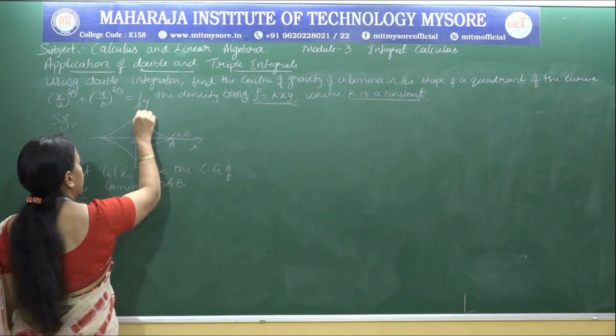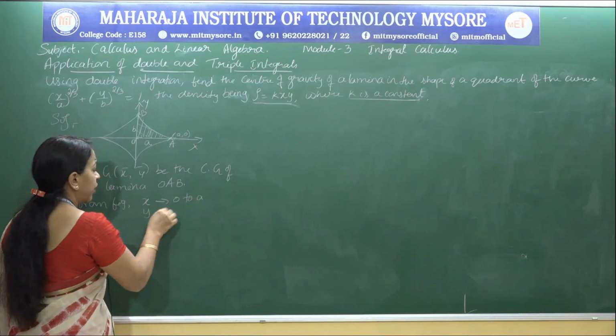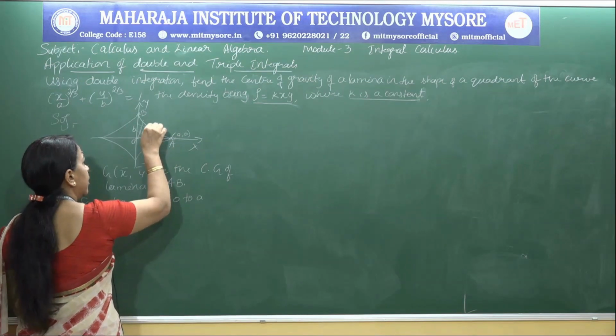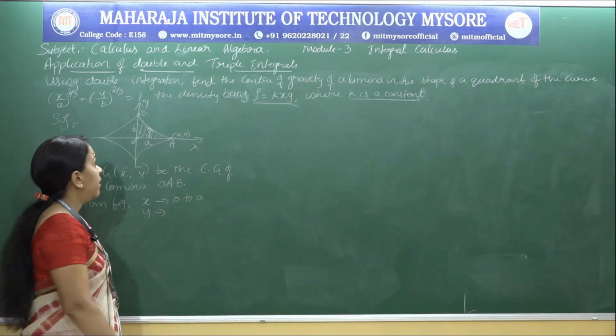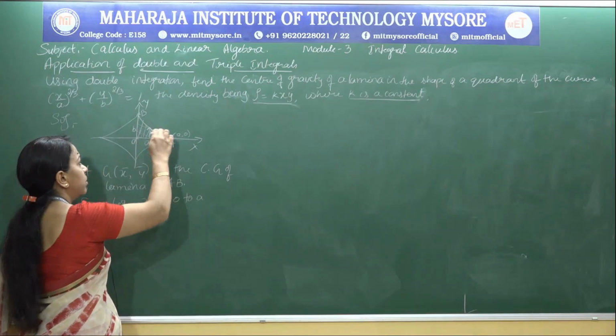So x varies from 0 to a, and of course y will be a variable limit. Y varies inside the given region and it is a line parallel to y axis, and we know that that should be our curve.